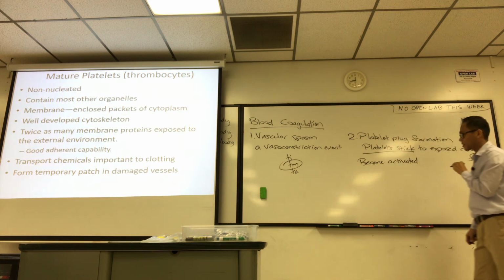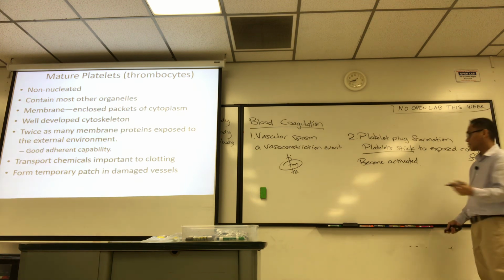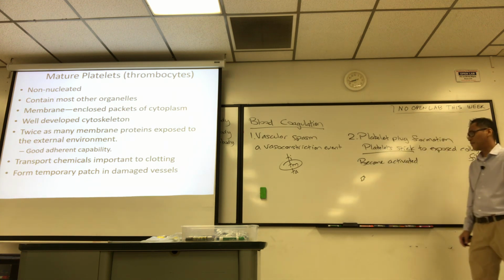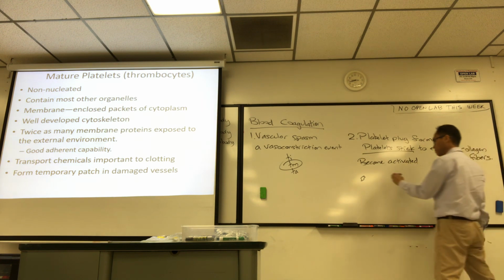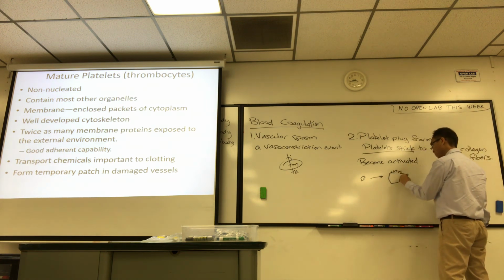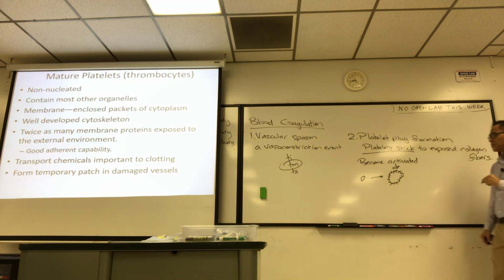The activation process involves a couple of things. One are just morphological changes. Let's say this little fragment represents an unactivated platelet. When they bind and adhere and become activated, they get big and they puff up, they get all big and spiky. That's activated. That allows them to stick better, and the other thing they'll do is they'll secrete chemicals that attract more platelets.